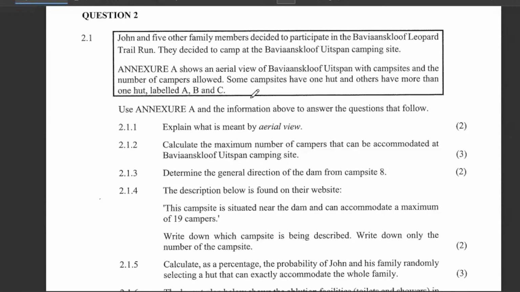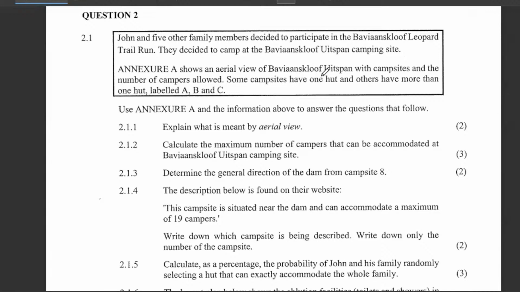Question number 2. John and 5 other family members decided to participate in a Leopard trial run. They decided to camp at the camping site. Use Annexure A, which shows the aerial view of the campsite and the number of campers allowed.